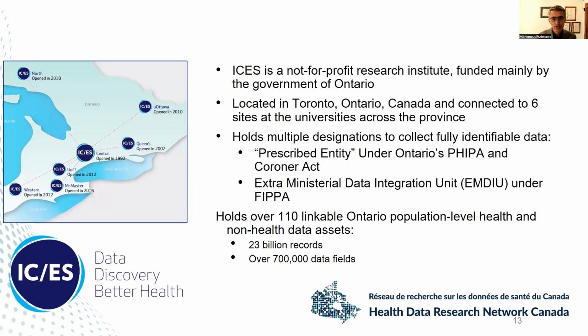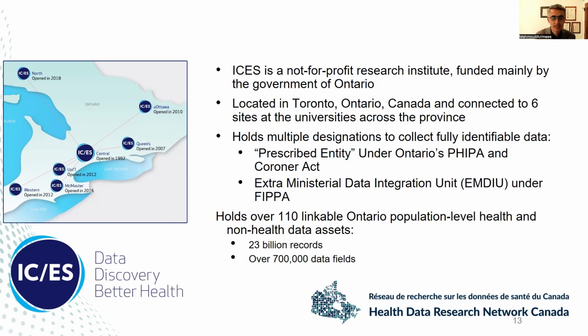As you all know, ICS is a not-for-profit research institute funded mainly by the government of Ontario, located in Ontario and connected with 6 different sites. And ICS holds multiple designations under multiple acts in Ontario. For example, prescribed entity under Ontario's PHIPA and Coroners Acts, and also Extra-Ministerial Data Integration Unit, or EMDIU, under FIPPA.